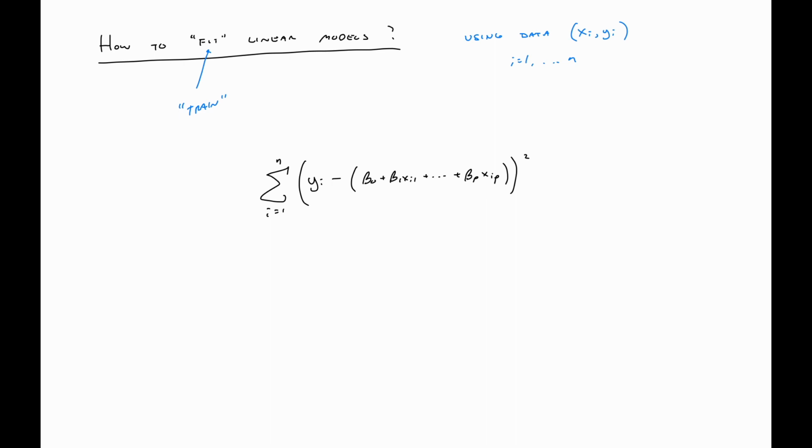So what we do is we look at the squared differences between the y values and this linear combination of the features. In particular, we want to find the betas that minimize this quantity.